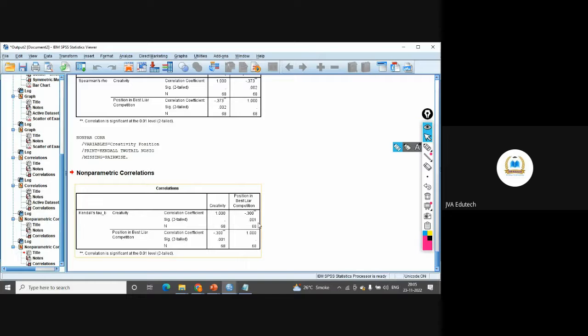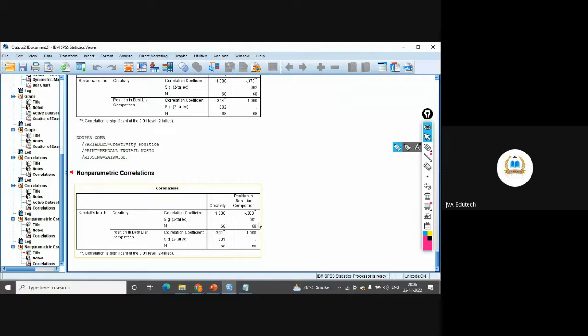And this is our correct result. There is a 30% negative correlation between creativity and position in the biggest liar competition. So if a person's creativity score is increased by 100%, their position decreases by 30%.